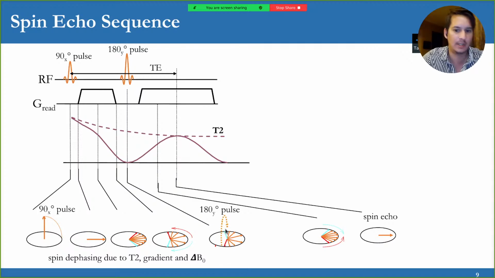Then with the 180 degree RF pulse, basically you're flipping them, but they will still want to rotate in the same direction. So they basically will go together again. It's like when you have people in a circular track and you make all of them run.